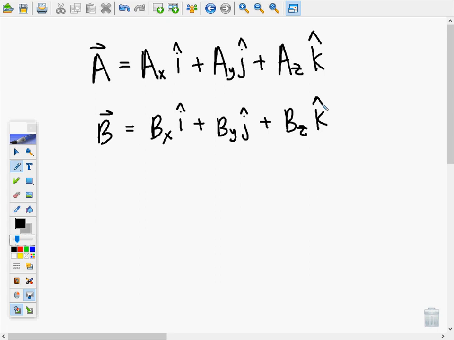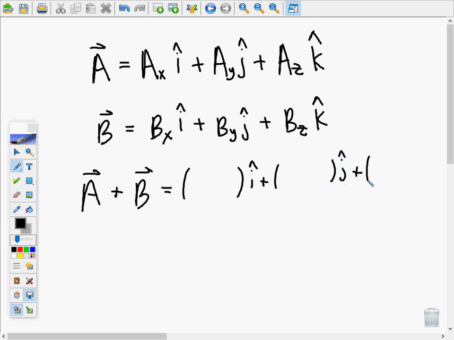If I want to find the resultant of those two vectors, I could use the component method. Vector A plus vector B is going to be some expression times unit vector i plus some other expression times unit vector j plus some other expression times unit vector k.